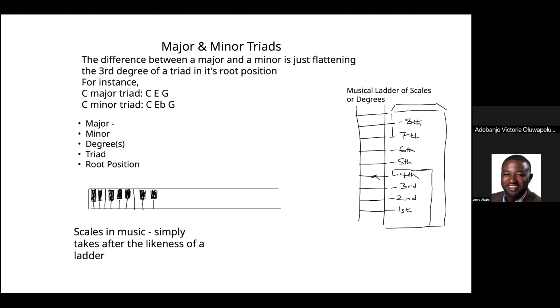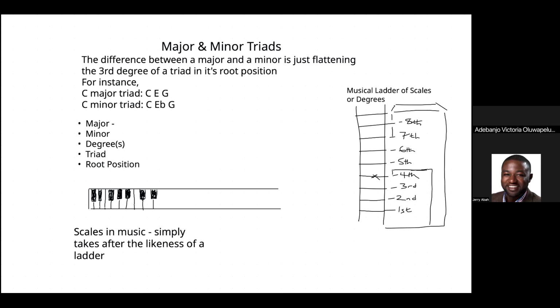So that's how it is in music, that every note in music is a degree or part or portion of a degree. First degree, second degree, third degree, fourth degree, fifth degree, sixth degree, seventh degree, eighth degree.